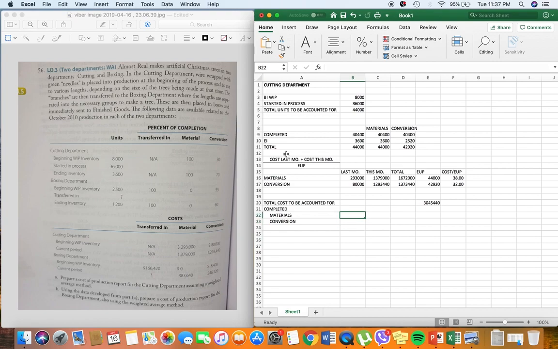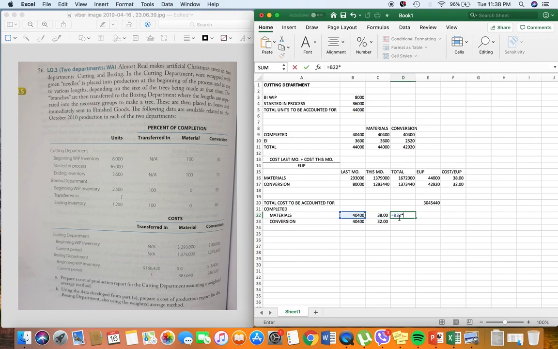To compute the cost assignment, we get the EUP and multiply it by the cost per EUP. The EUP for materials is 40,400, and the EUP for conversion is also 40,400. The cost per EUP, as we computed earlier, is 38 for materials and 32 for conversion. Sorry, that's pesos per unit.